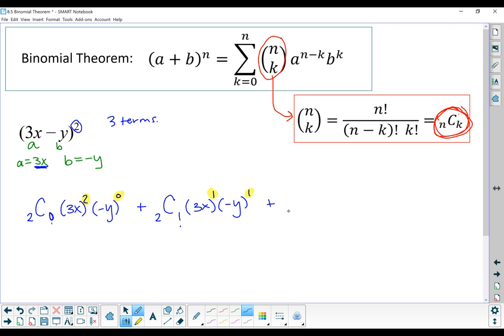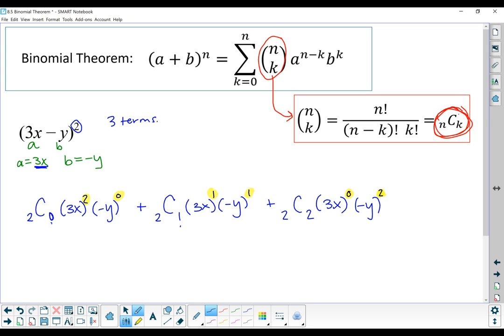So this is our last term. That's going to be 2C2. So I started with 2C0, I had 2C1, now I have 2C2. The 3x power is stepping down, so this is going to be a 0 power, and the negative y power is the one stepping up, so that's going to be 2. And again, when you're writing this raw form, those 2 powers should add up to 2.